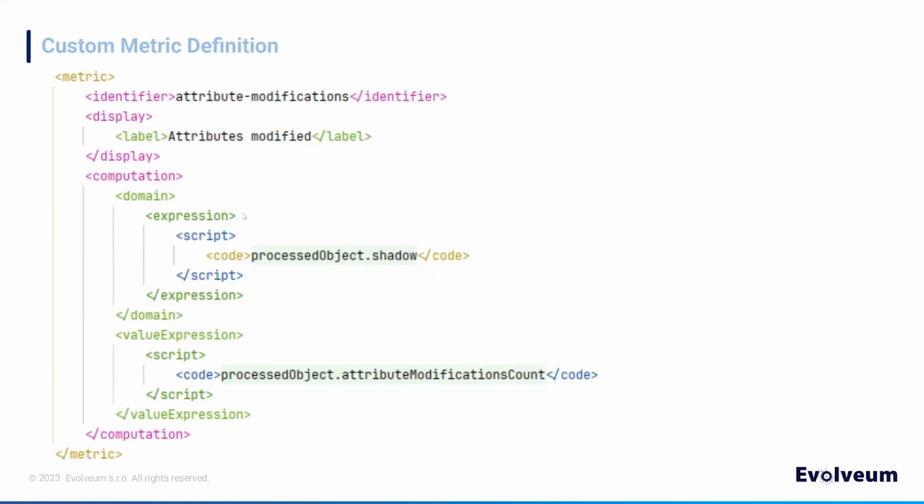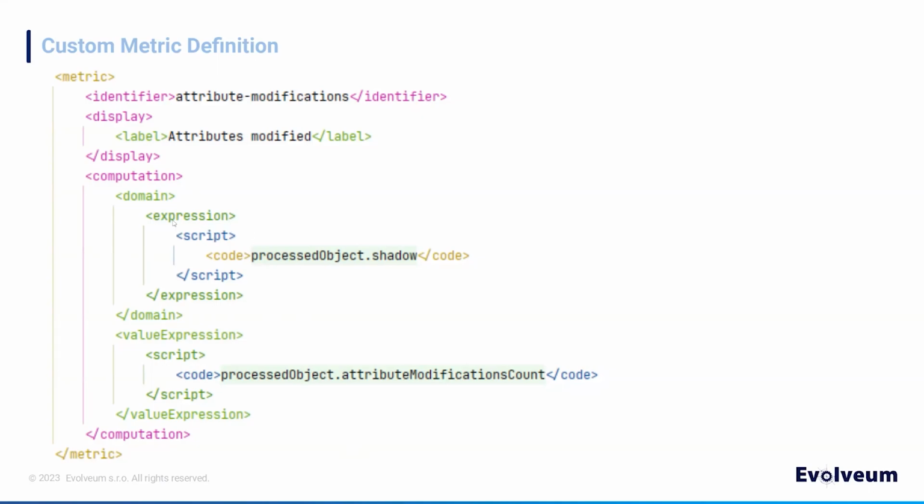Then the computation section defines first the domain. This is optional, of course, but for shadows, we need to specify that only shadows should be processed in this metric. We use the predefined method isShadow that's present on the processed object.